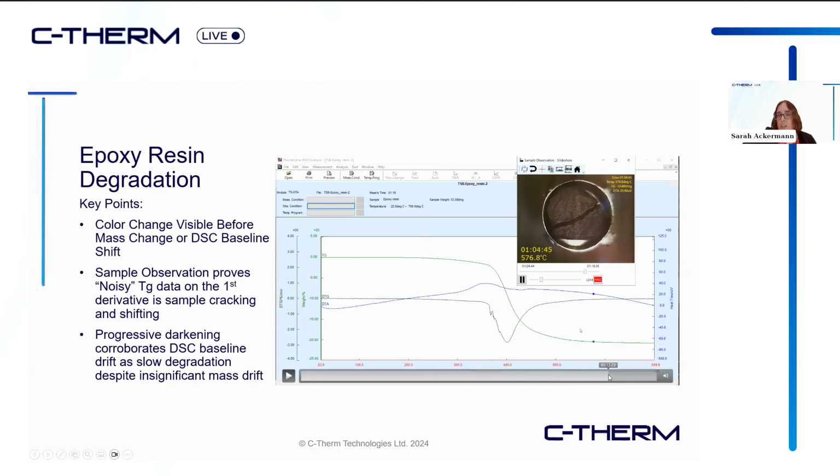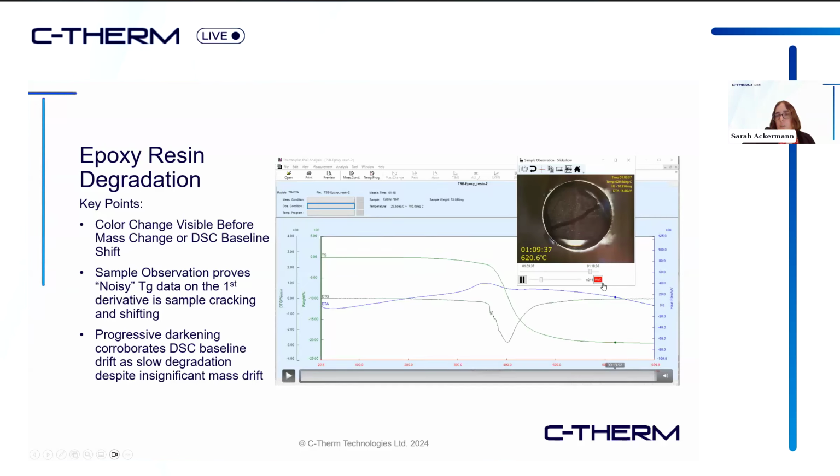The other thing to be aware of is that we can see on sample observation, which is not visible as much on the TG signal, and even the DSC shows it smooth but doesn't necessarily show any major peaks, that the sample continues to degrade even after the mass is mostly stabilized.